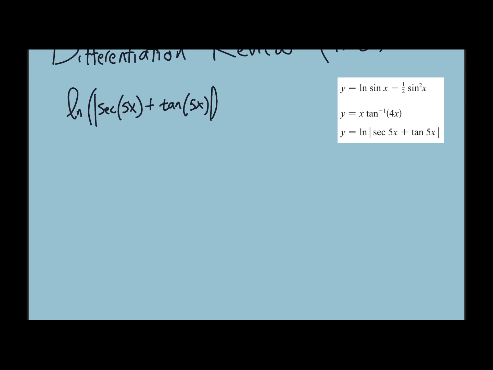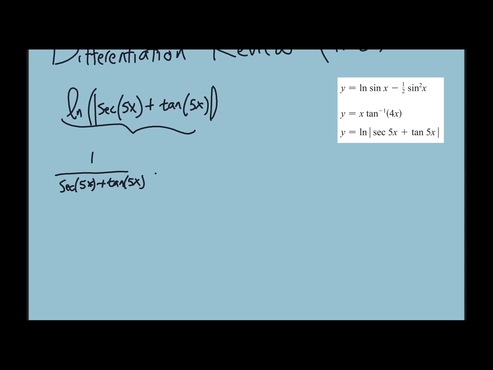So what's the derivative of this? Well, the overarching function is natural log. The derivative of natural log is 1 over the input. So we'll just write secant 5x for now, plus tangent 5x. And then it's times the derivative of the inside function, isn't it? So what would that be?